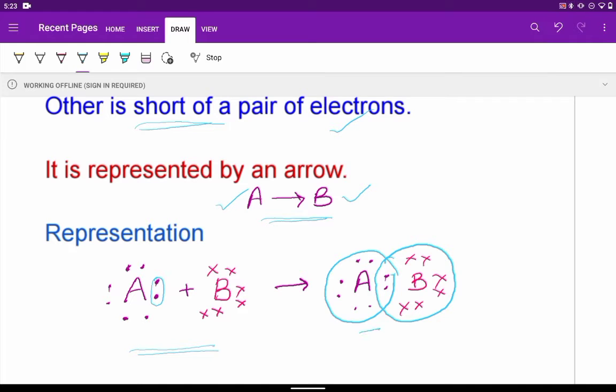So here in this condition, the shared pair has been given by A only and B is sharing with A, but both the electrons here are being given by A only. B is not contributing any electron in this shared pair.